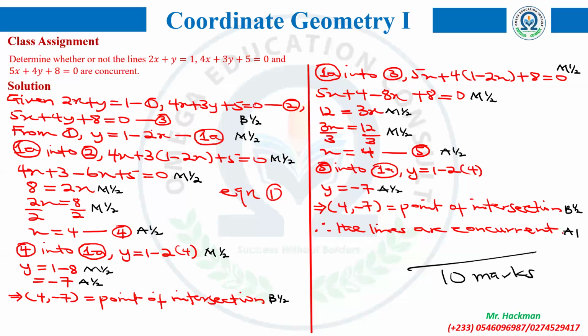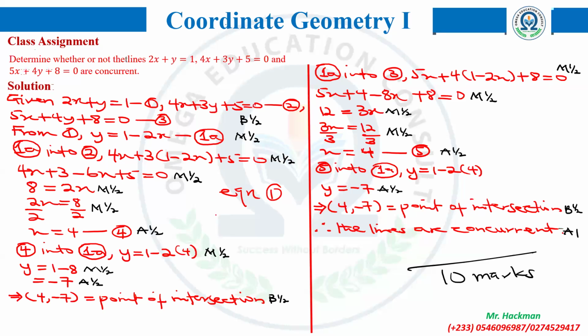So now I'm working on equation 1 and equation 2. Once I've made y the subject in equation 1, automatically I have to substitute that into equation 2. So I will write equation 1a into equation 2. I've been saying this times without number, and I'm going to repeat it because some of you, I don't know whether your ears are hard or you are just being difficult.